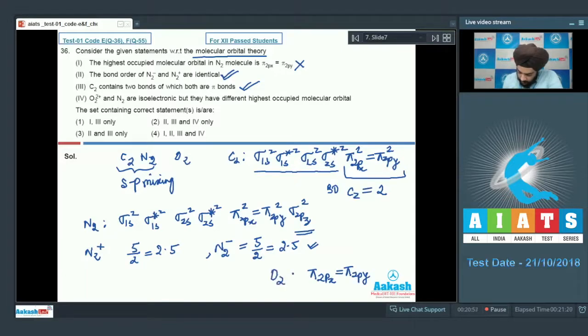And the highest occupied molecular orbital in N2 was sigma 2pz2. So students, statement 4 is also correct. So statement 2, 3 and 4 are correct, whereas the first statement is incorrect. So the option corresponding to this question is option 2.